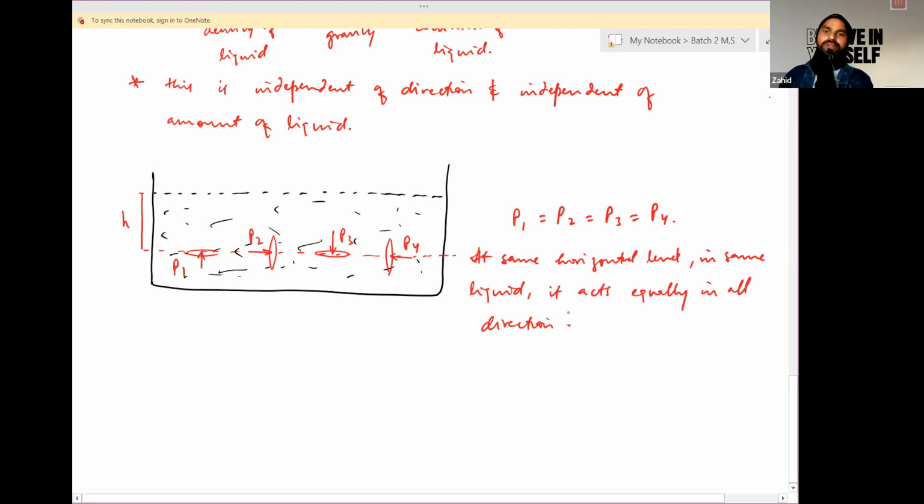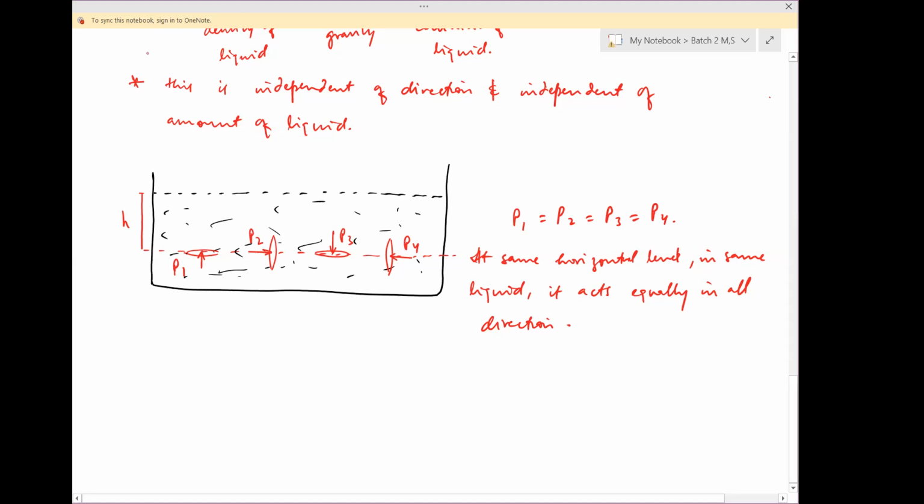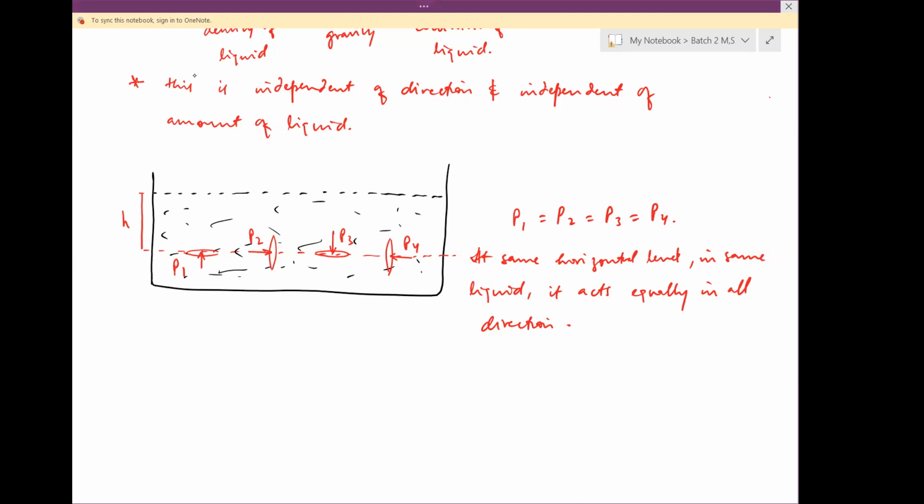This statement is also called Pascal's law, which I will prove later. And that's why pressure is called a scalar quantity. Asma, is it clear? Yes, sir. Clear. Okay.